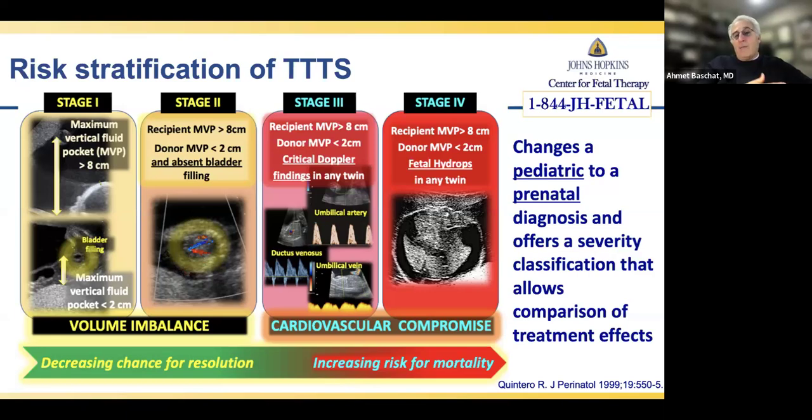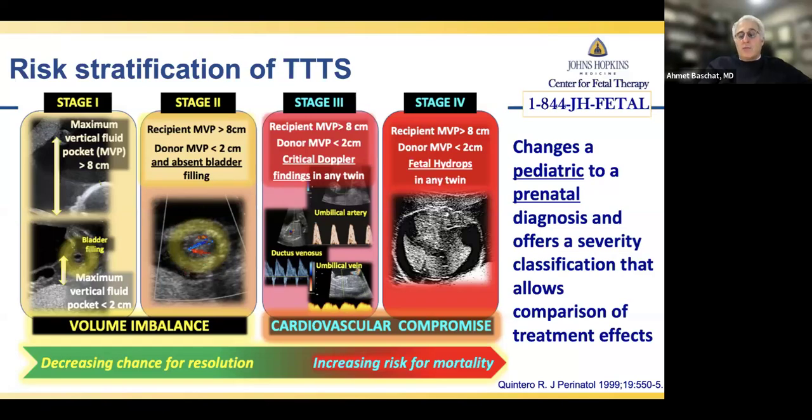As you have more critical Doppler abnormalities or as hydrops develops, the stages increase from stage 1, 2, where 2 has no bladder filling, 3 has critical Doppler abnormalities, 4 with hydrops. But as this progression is observed, there is less likelihood for spontaneous resolution, and the overall mortality increases drastically.